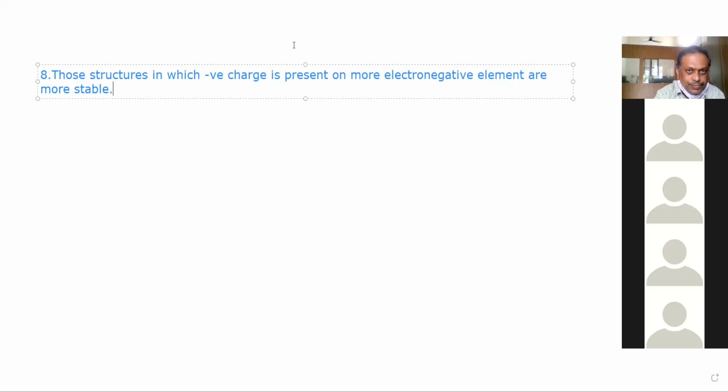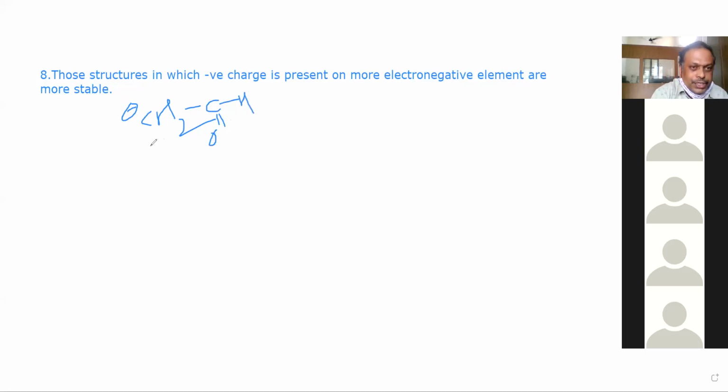For example, CH2 minus, C double bond OH, acetaldehyde, C double bond OH.